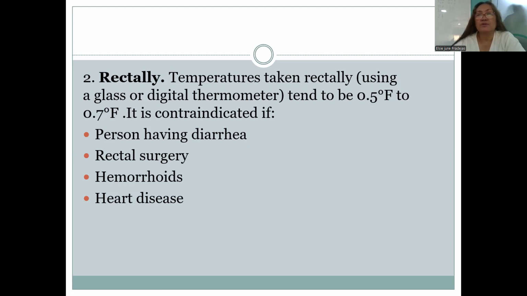And also those who are bearing too much weight, or their work is carrying heavy loads. Okay, so most likely they develop hemorrhoids. And those who have heart disease, because in our rectum, there is a nerve that once you've been stimulated, it will cause increased heart rate.